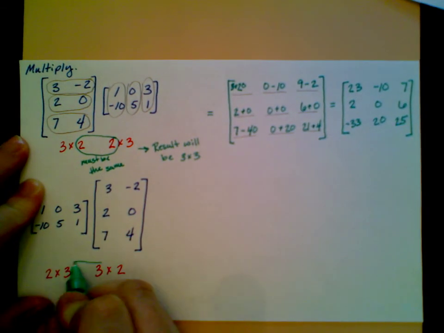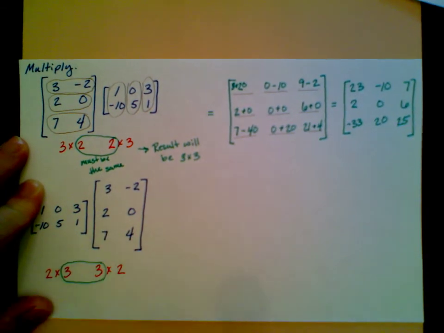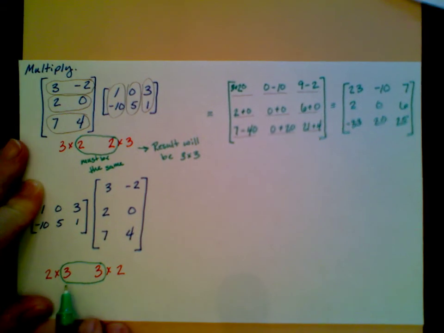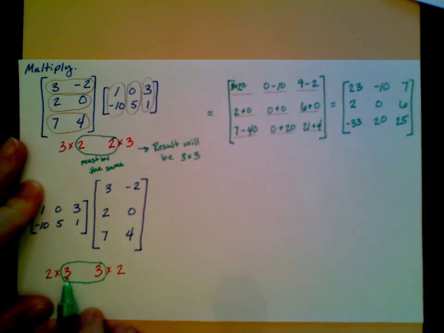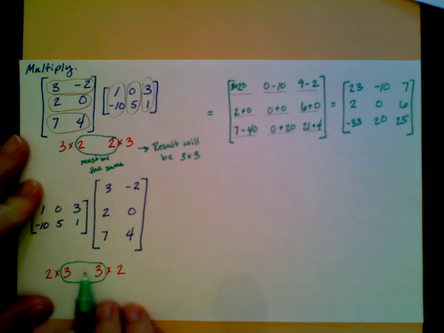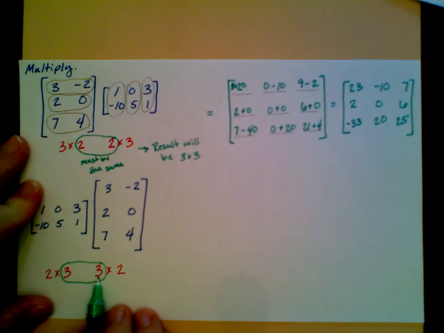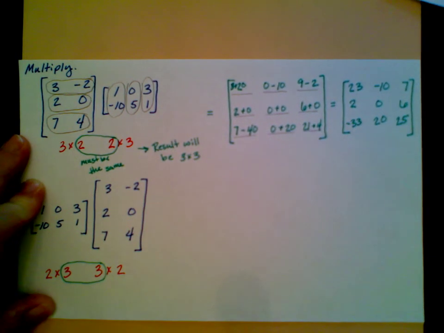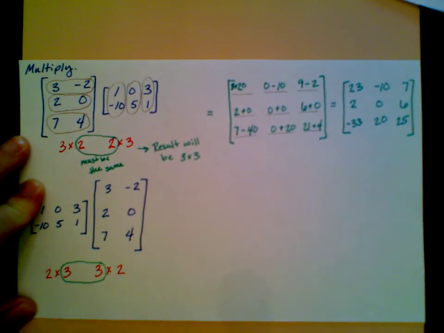That means I am able to do this multiplication because my numbers that are right next to each other here are the same. The number of columns from the first matrix is the same as the number of rows from the second matrix. My result this time is going to be a 2 by 2.